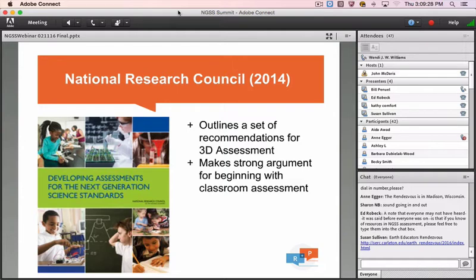Though I'm not going to go into NGSS here and those three dimensions, but rather directly into this, I really recommend the Framework for K-12 Science Education as a place to go to deepen one's understanding in ways that can organize the design of three-dimensional assessment tasks. And I'll say how we do that here too.